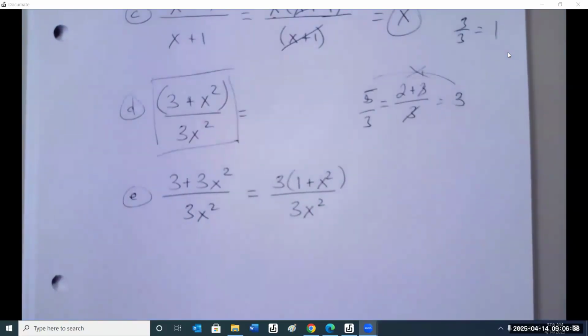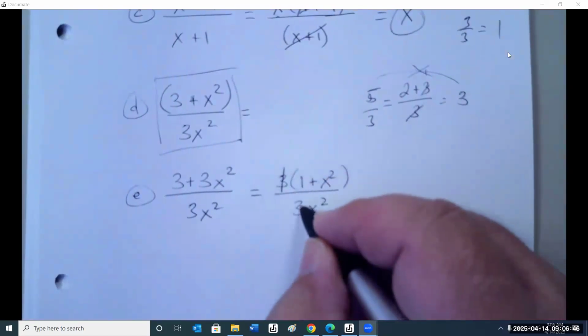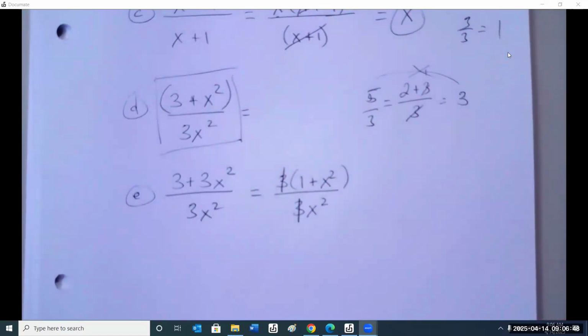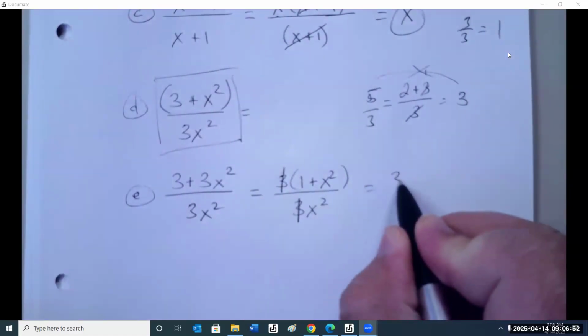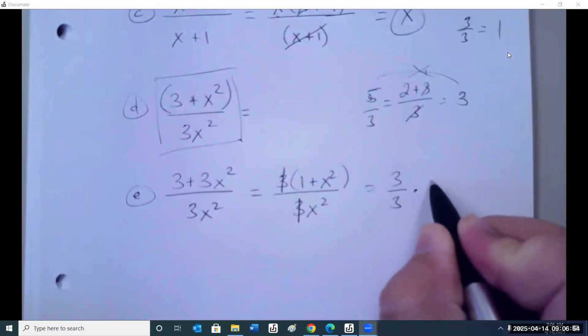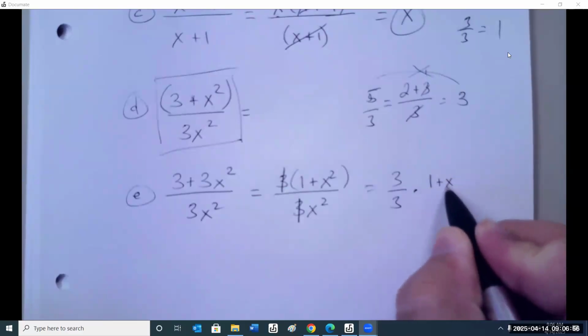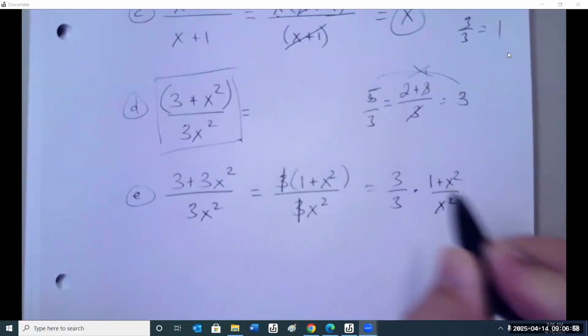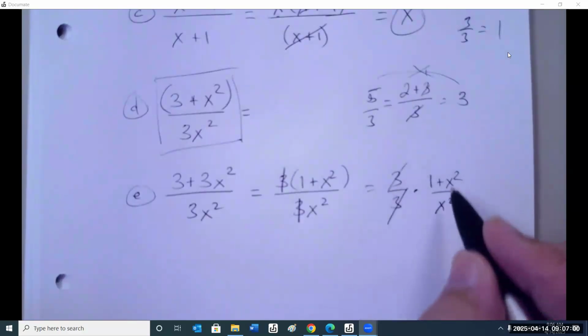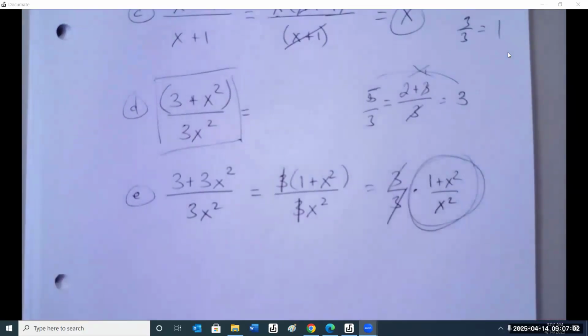Now, remember, it has to be the same top. You can only cancel if it's multiplied or divided, not when it's added or subtracted. So the 3's can now be canceled because they're both coefficients. What this one looks like is 3 over 3 times 1 plus x squared over x squared. These cancel, so we're left with that. That's our answer.